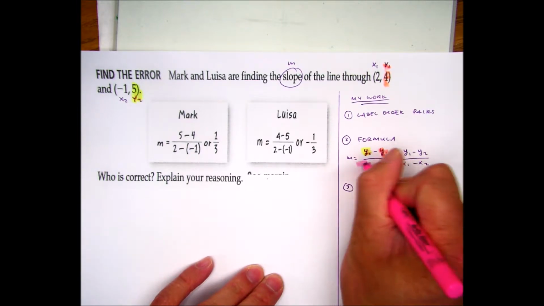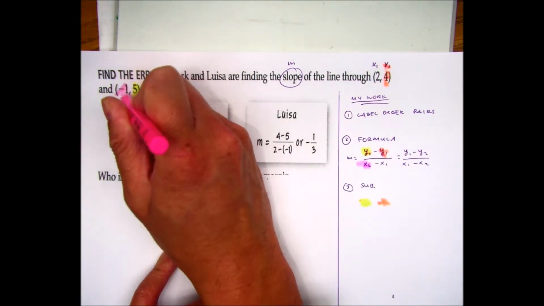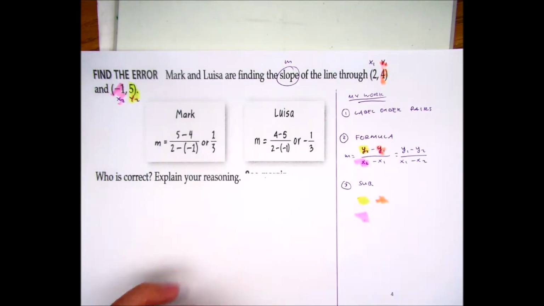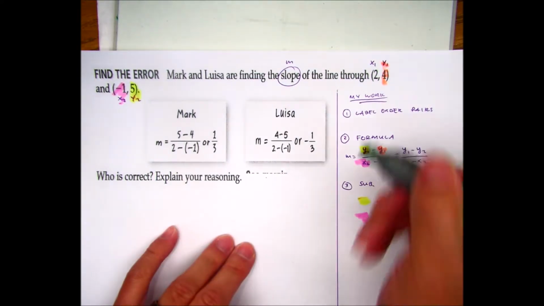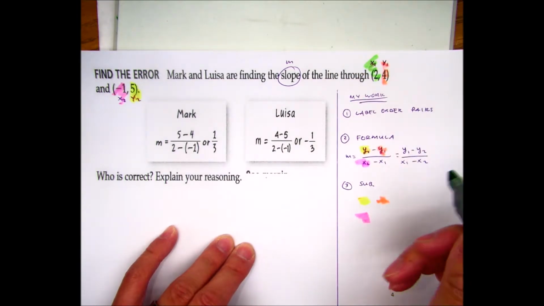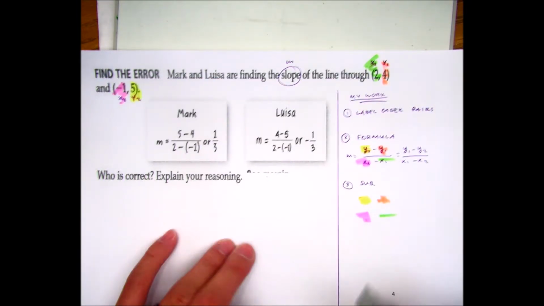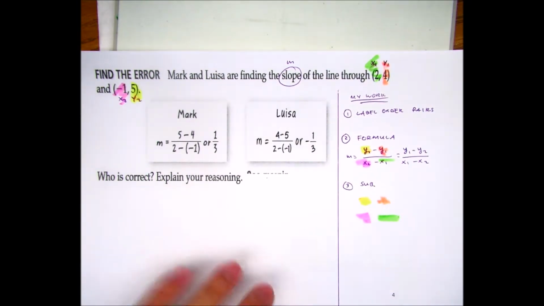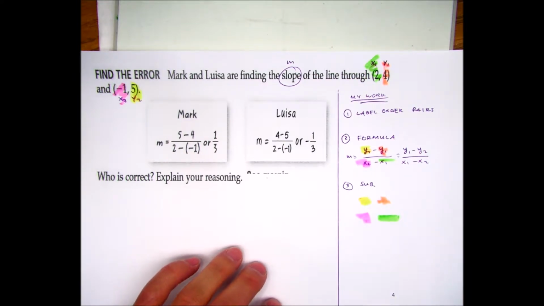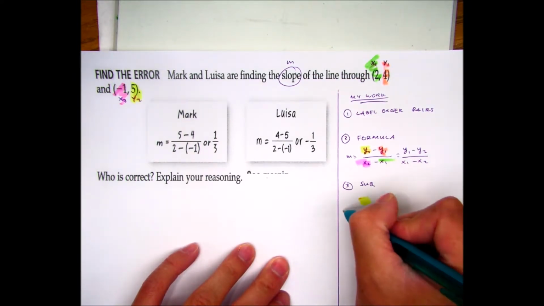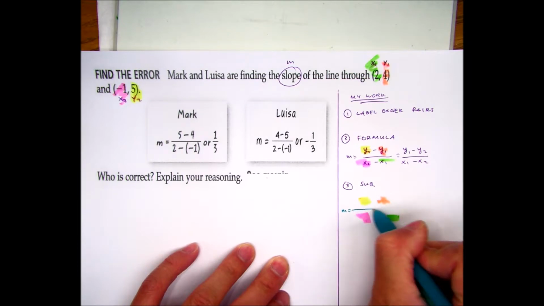My x2 value comes from over here. And then my x1 value is going to be here. So let's go ahead and write the substitution in. So I have m equals.